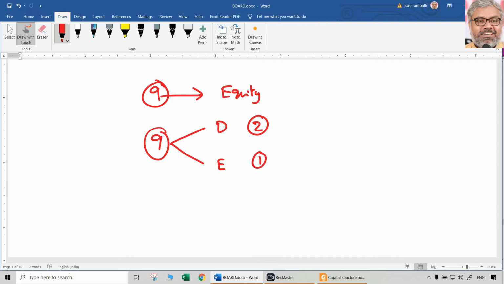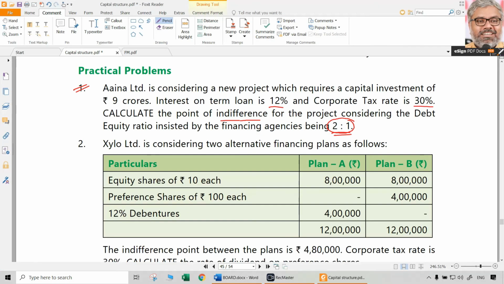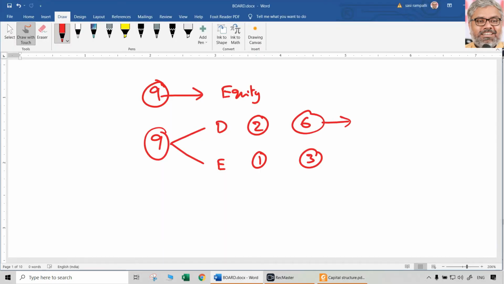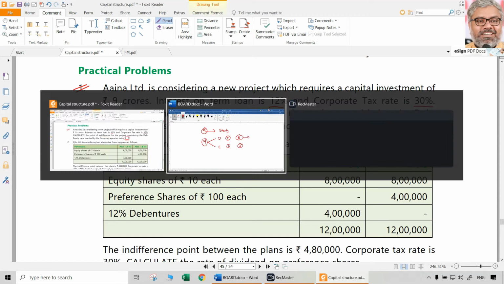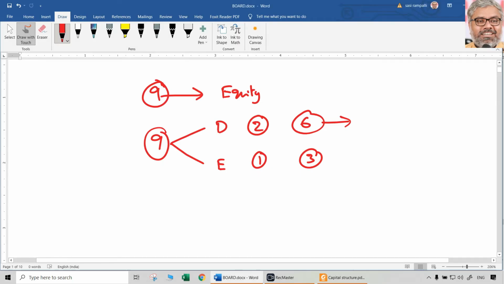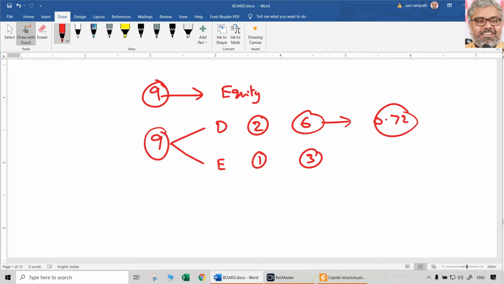That means debt should be 6 crores, equity should be 3 crores. That is the second option. And naturally, when debt is 6 crores, interest at 12% will be 6 into 12%, 0.72 crores.